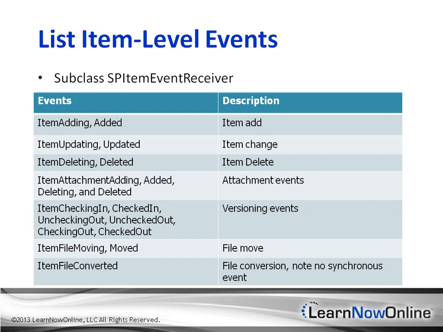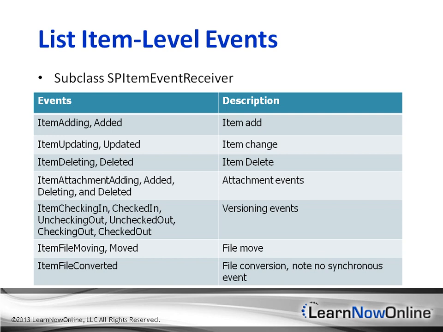So you could add an item adding event, and if it didn't meet the criteria, you could go ahead and cancel the event, and the item would never be added to the list. And as you can see, you have a pretty wide variety of events that you can handle. There are a lot of touch points here that you can use to prevent data from being modified or to act on those events.